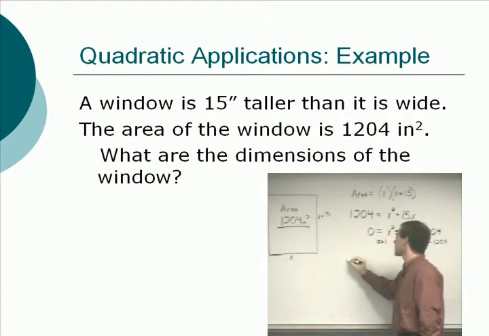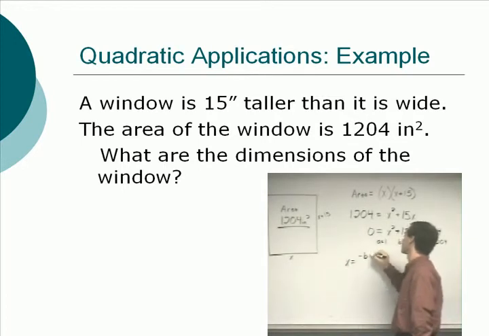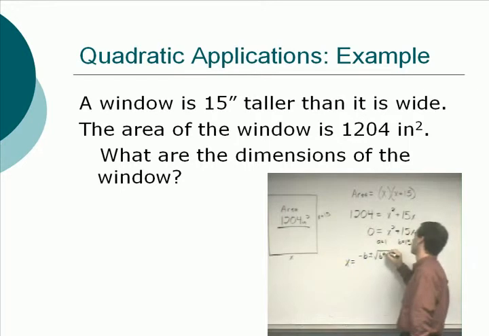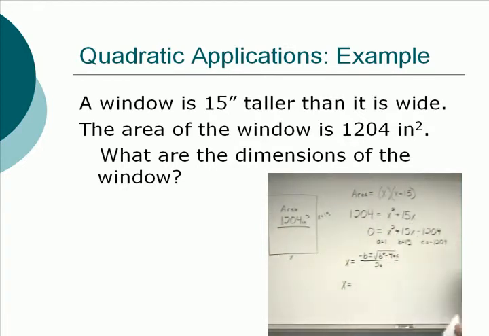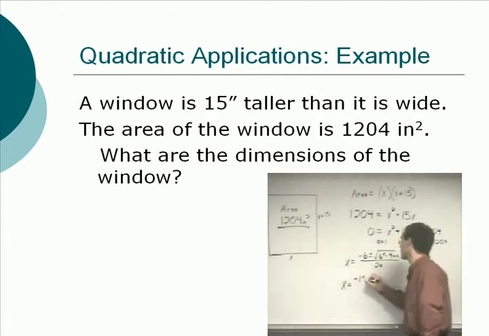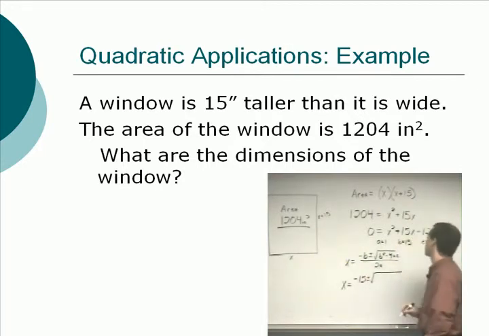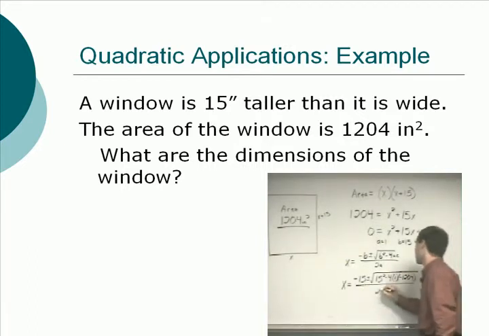So the quadratic formula says x is equal to negative b plus or minus the square root of b squared minus 4ac, all over 2a. So in our case, we have x equals negative 15 plus or minus the square root of 15 squared minus 4 times a times c, all over 2a.